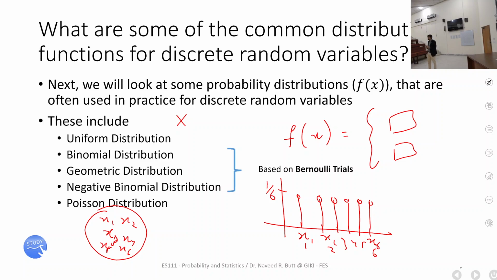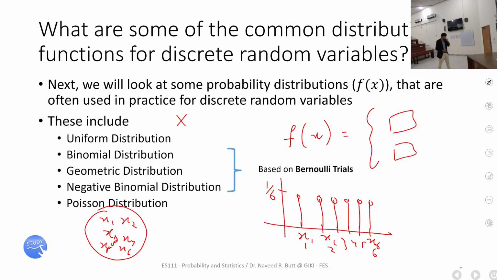They could be 1 by 6 each, 1 by 5 each, depending on what outcomes are there. But as long as they are equal, uniform, no changes, we say that this random variable has a uniform distribution, right?